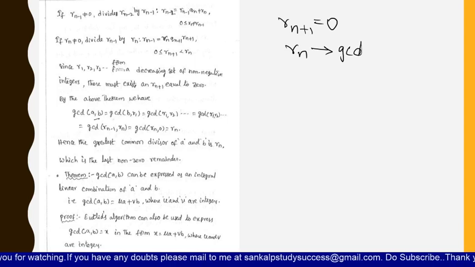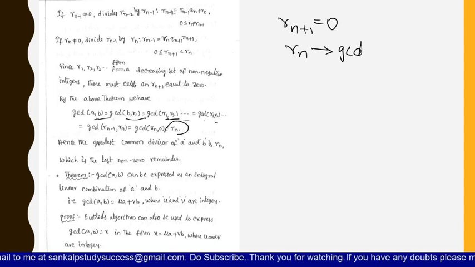So GCD of a comma b is equal to GCD of b comma r1, which is also equal to the GCD of r1 comma r2, and so on till rn minus 1 comma rn. When rn comma 0, that means if any one of the numbers is 0, then the number itself is the GCD. We have already seen in the previous lecture. So Rn is the GCD of the given two integers.